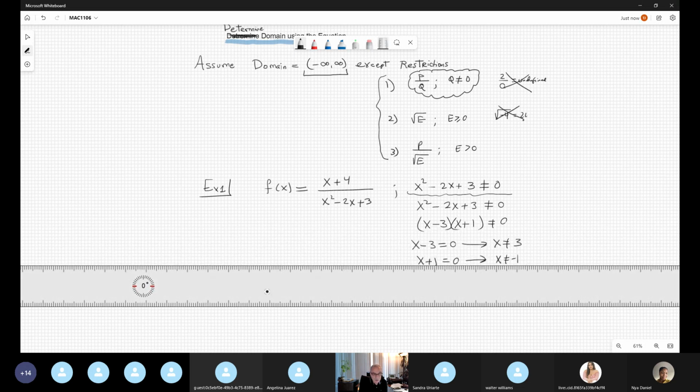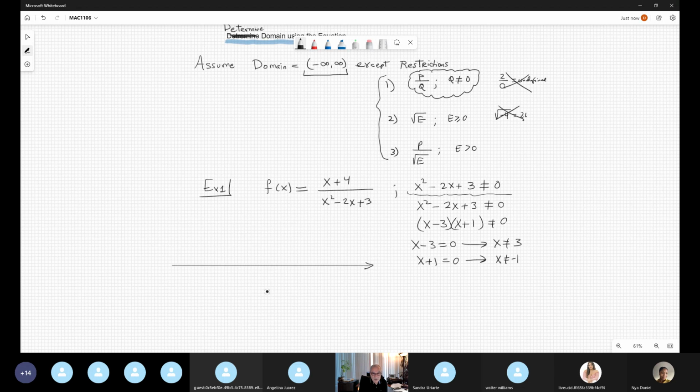This is the supposition that the domain is from negative infinity to positive infinity. However, in the middle of the process, this is 0 in the middle. I investigate, we have two restrictions, positive 3 and negative 1. Therefore, at negative 1 and at positive 3, we have two holes.